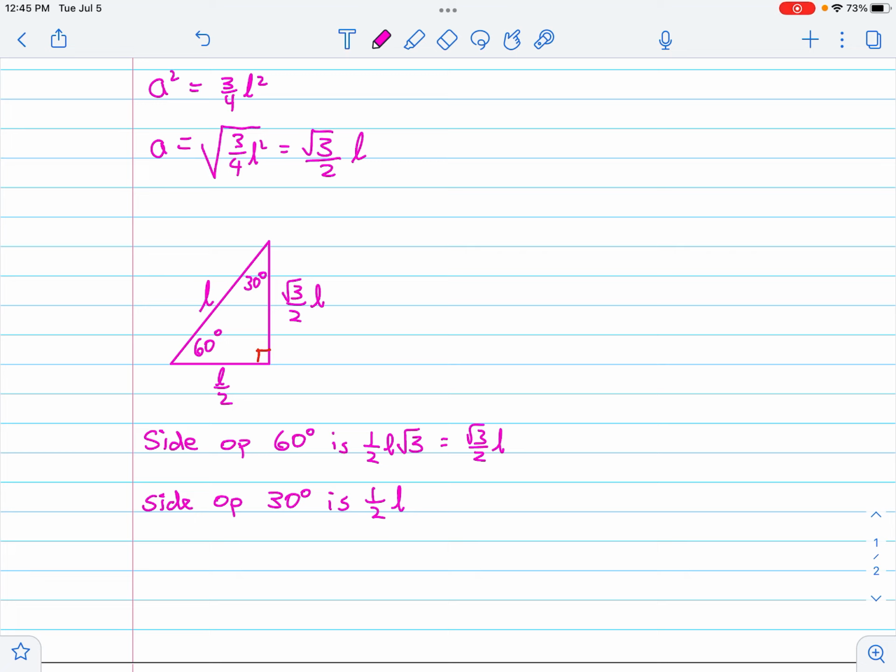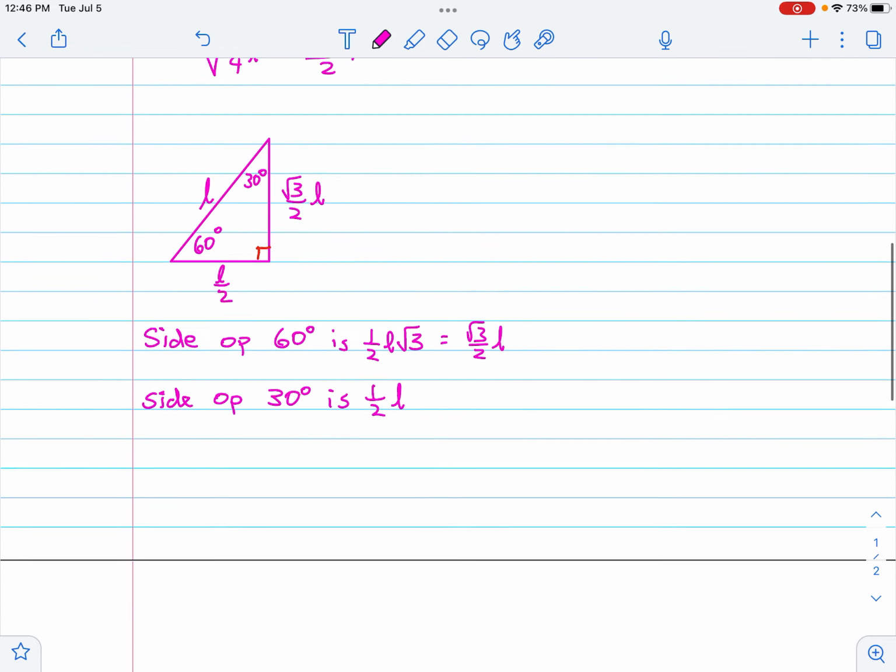To keep these straight, remember 1/2 the hypotenuse is smaller than 1/2 times the square root of 3 times the hypotenuse. So the side opposite the 30-degree angle is half the hypotenuse. The side opposite the 60-degree angle is half the hypotenuse times the square root of 3.